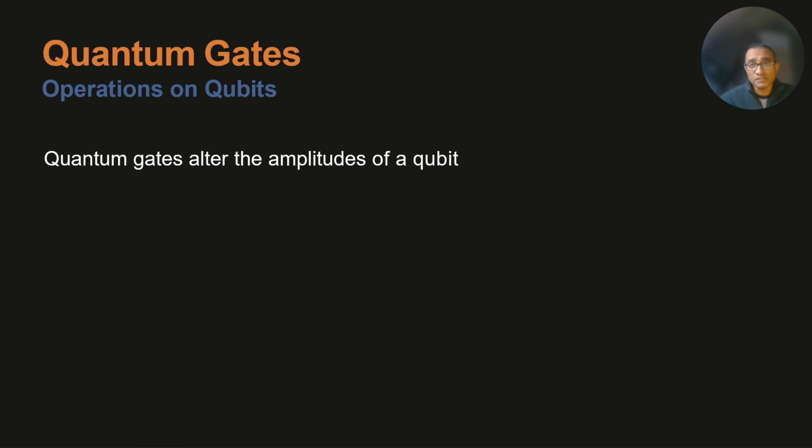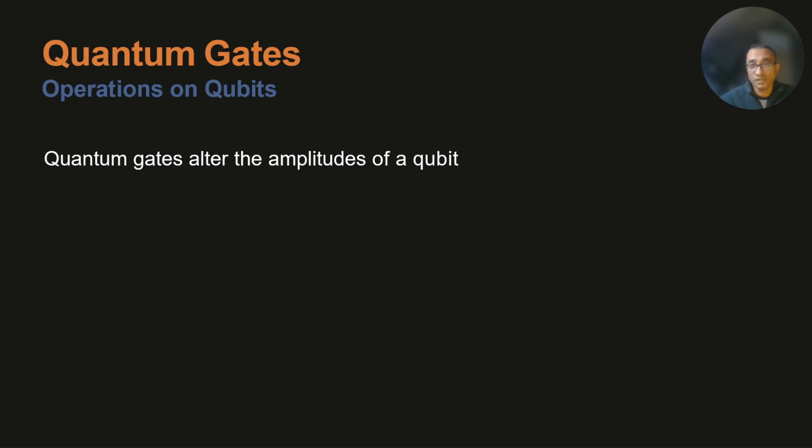So what do quantum gates do? In a nutshell, as already said, they perform operations on the qubit. Technically, or in the mathematical sense, their main purpose is to alter the amplitude of a qubit.